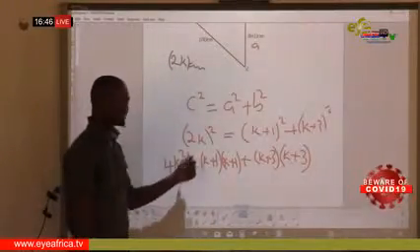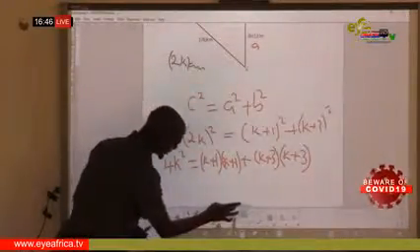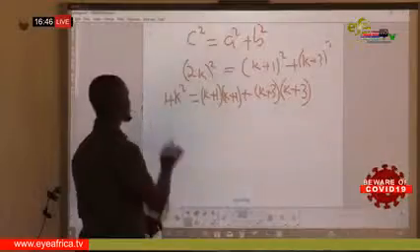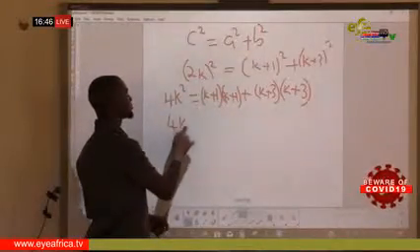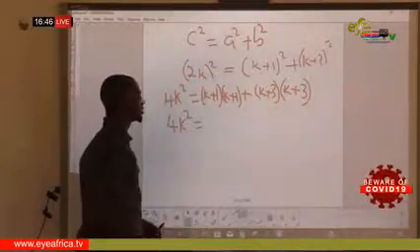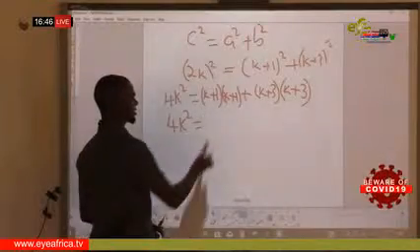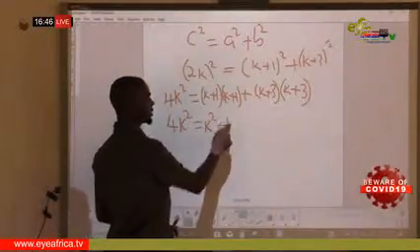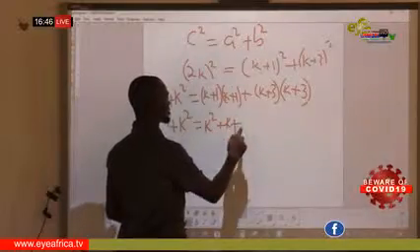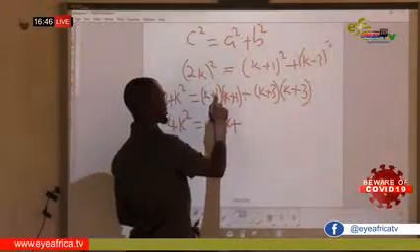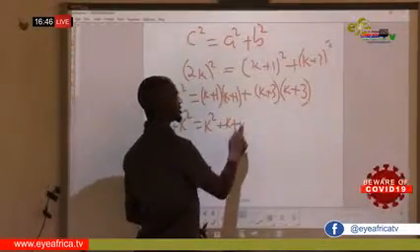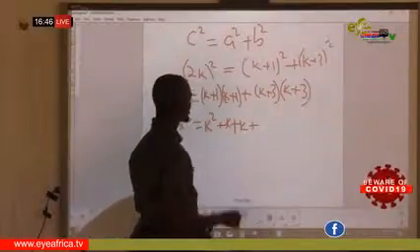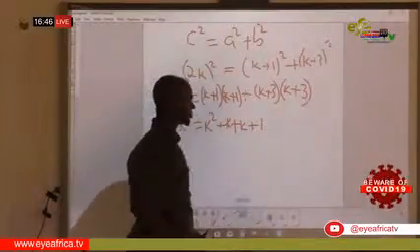We expand them to get the value of k. So you will have here 4k square is equals to k times k, that is k square, plus k times 1, that is k, plus 1 times k is k, plus 1 times 1 is 1.